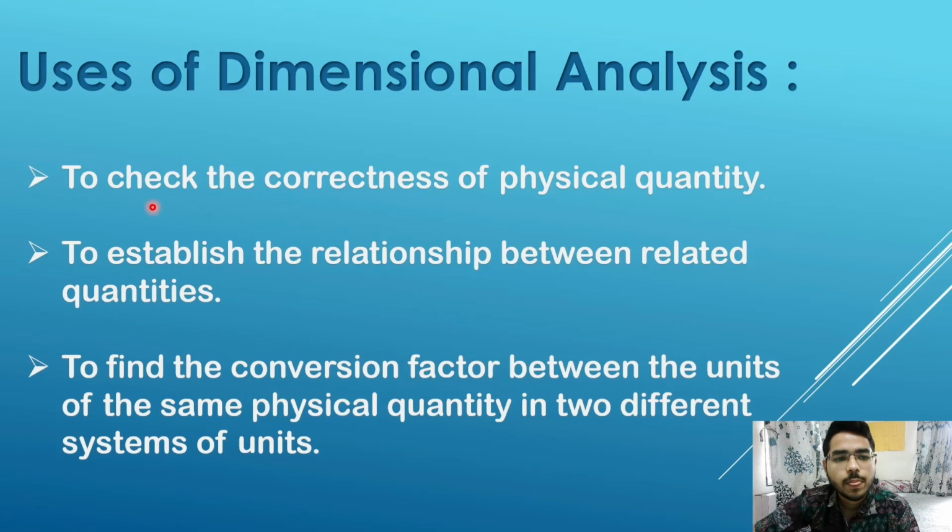So dimensional analysis is basically used for checking the correctness of physical quantities and relating them to other fundamental quantities, and the conversion factor between two units can be found.